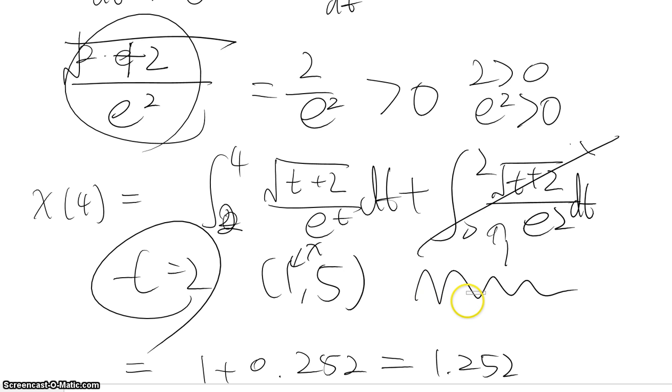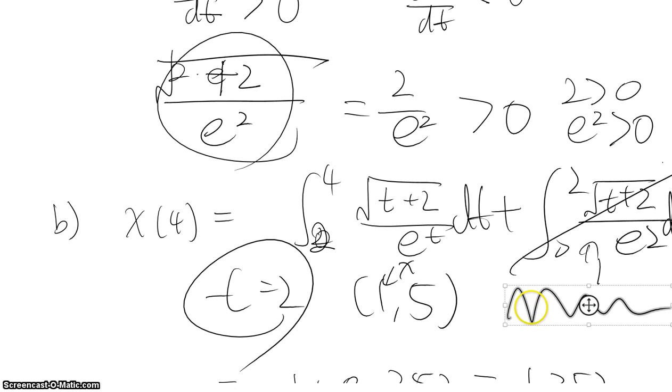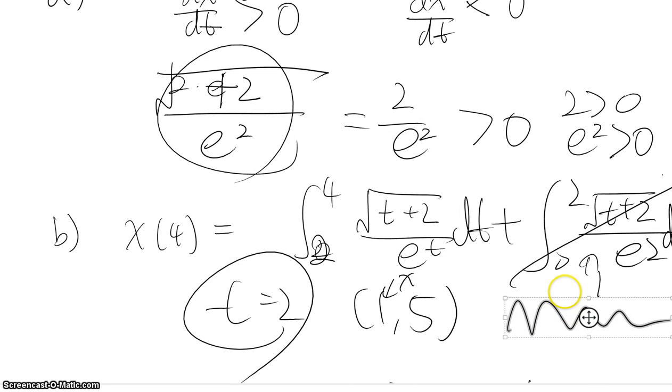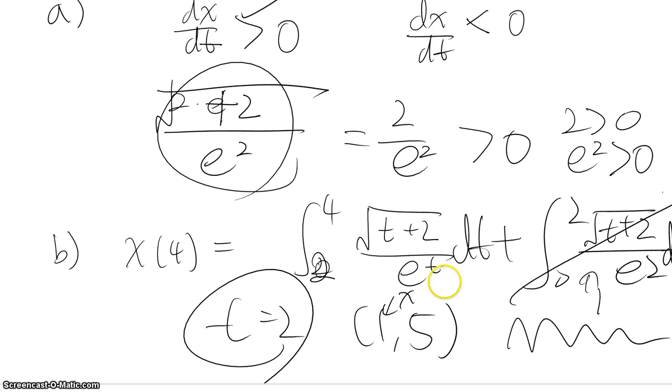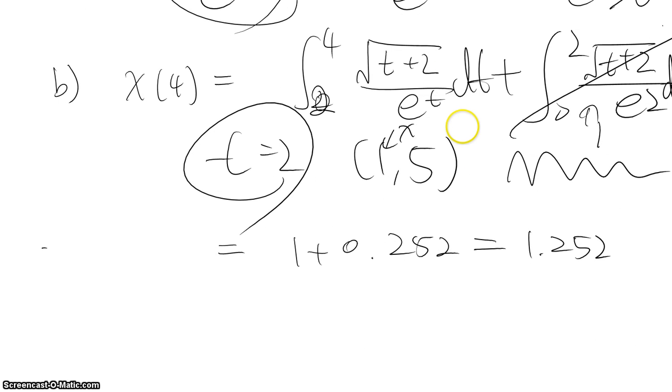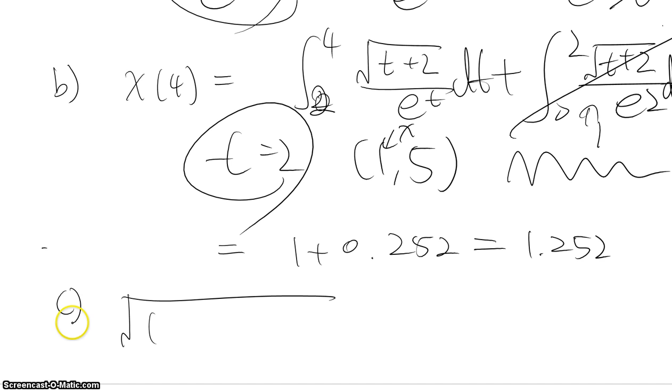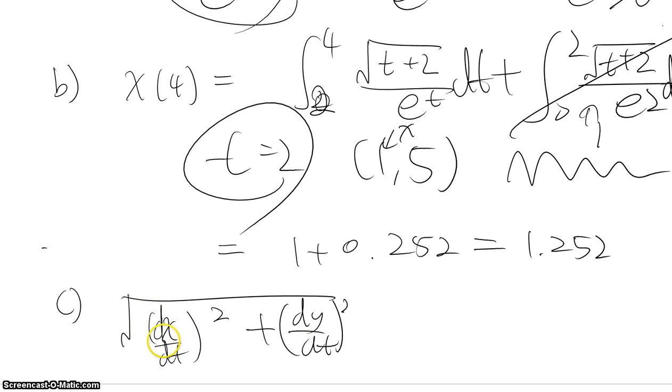And C is even easier. It's asking me to get the speed at a certain time. That is the formula we have been memorizing forever: the square root of (dx/dt) squared plus (dy/dt) squared.